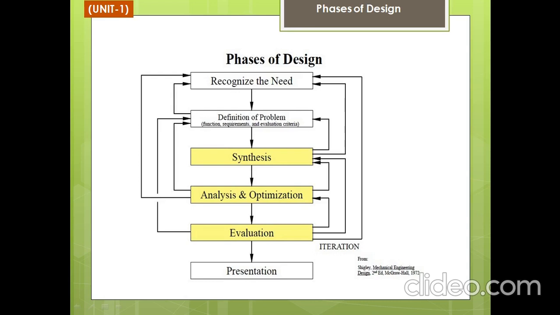So these are the phases of design. Presentation means here production is started, but actually this is not the production, this is the design. So in the presentation section, the engineer draws the product, a final drawing of the product, for giving to the production department.